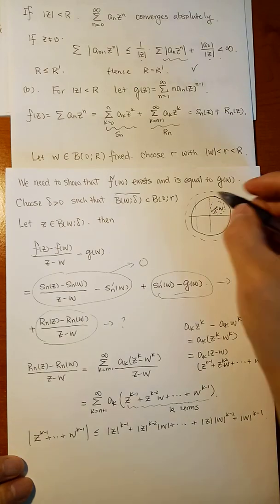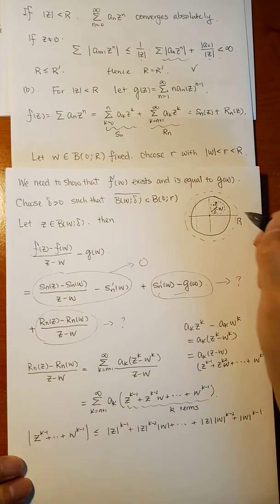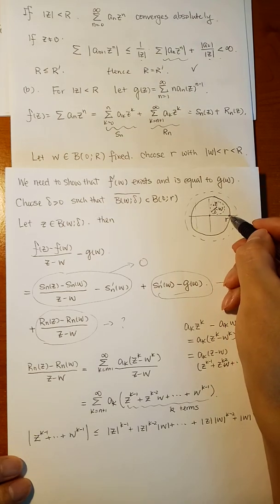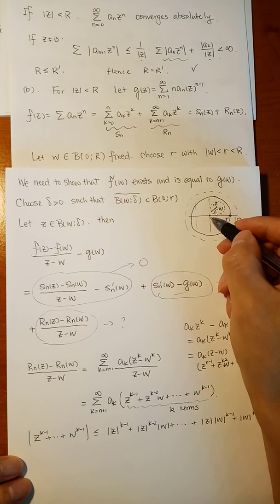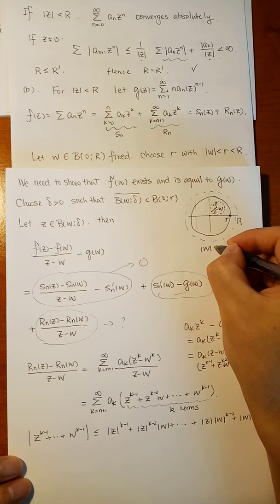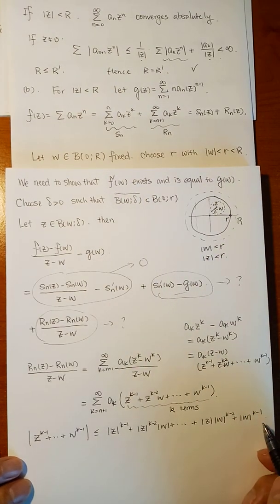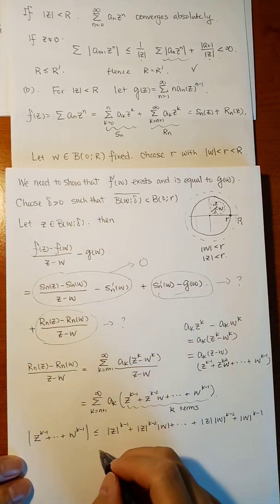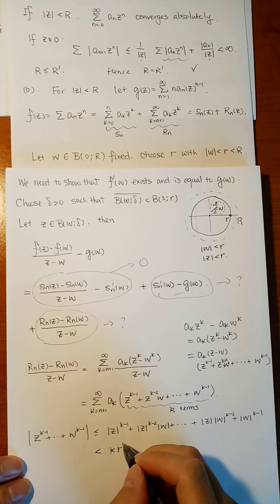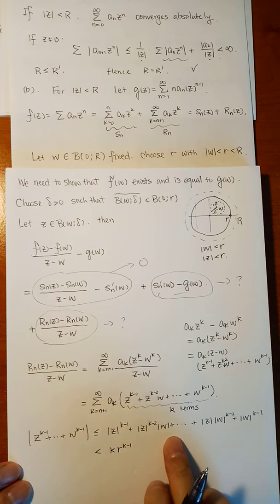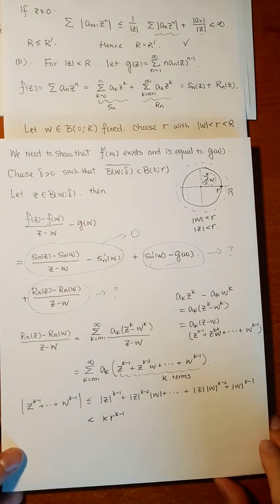Well, you see here, z is possibly here. Let's put the z here. What is little r? This is little r, from 0 to r. W is here, z is here. So absolute value of z and absolute value of w are both less than r, so each part will have r. How many copies? So k copies of r^(k-1). This is k times r^(k-1) from this graph.